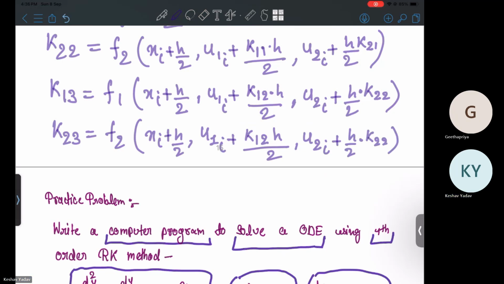Okay. So here the first function will be replaced by the second function when we are writing for the second equation.